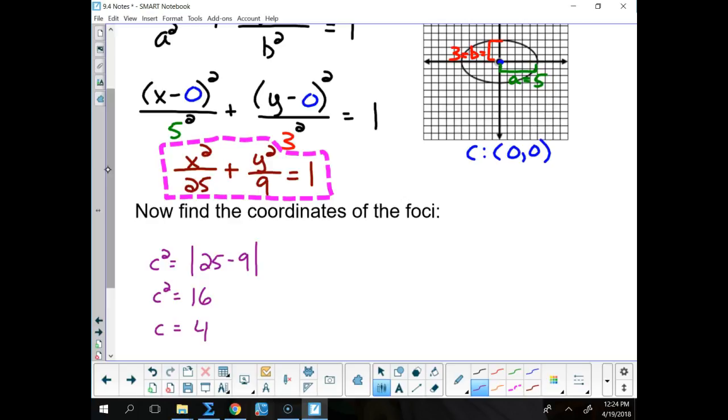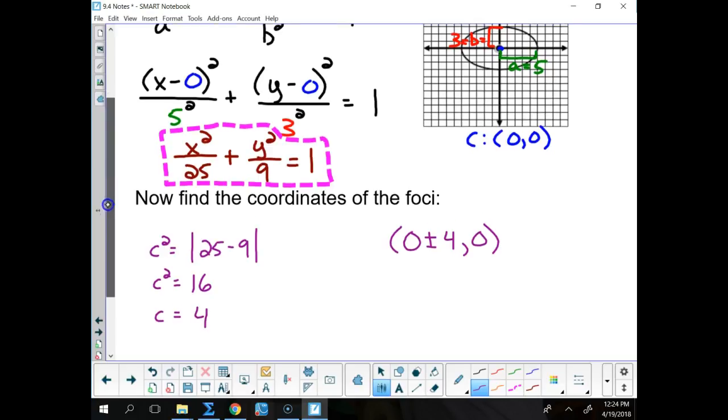Horizontal. So that means I'm going to take from my center point, I'm going to add and subtract 4 from the x part. Okay? So really, the foci are at 4, 0 and negative 4, 0.